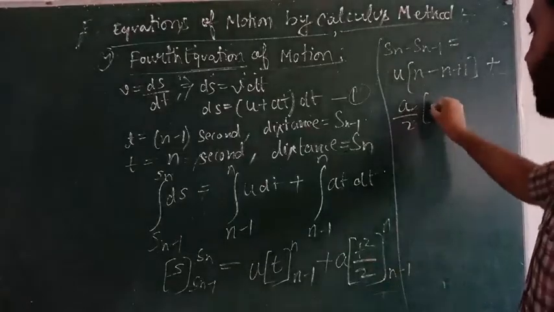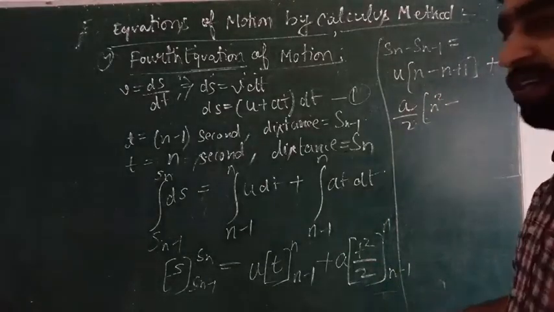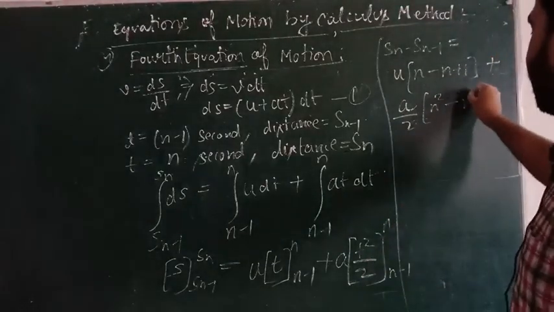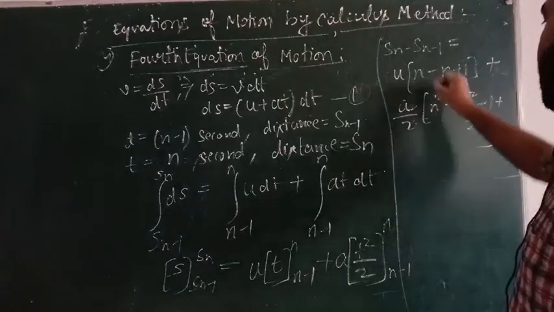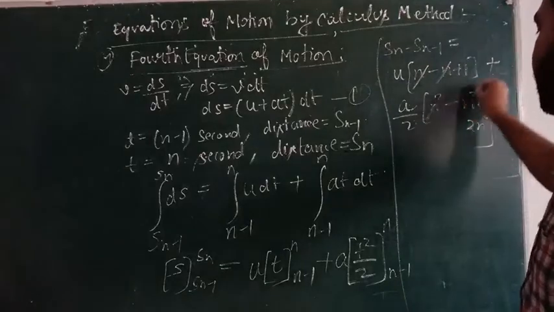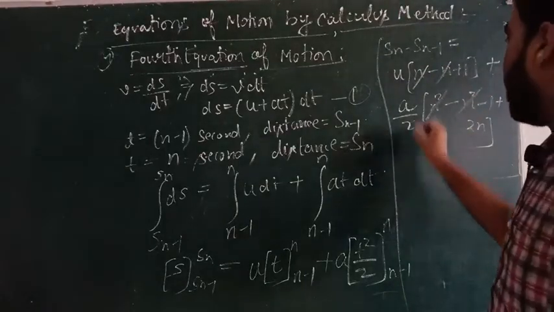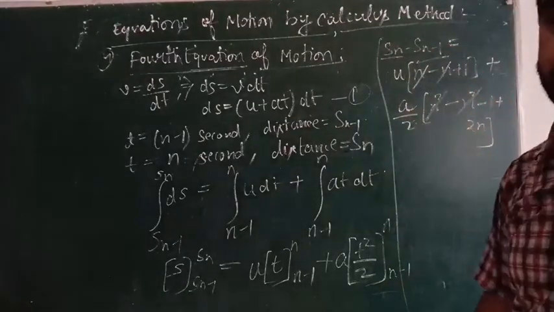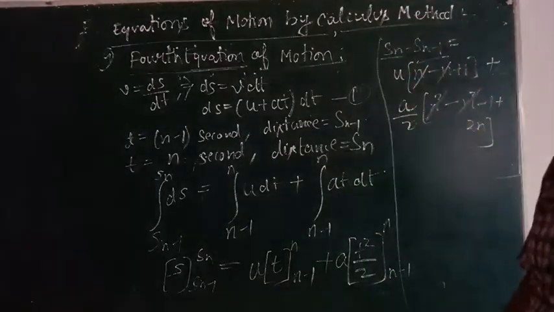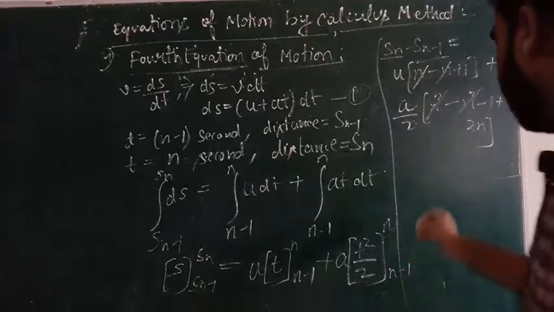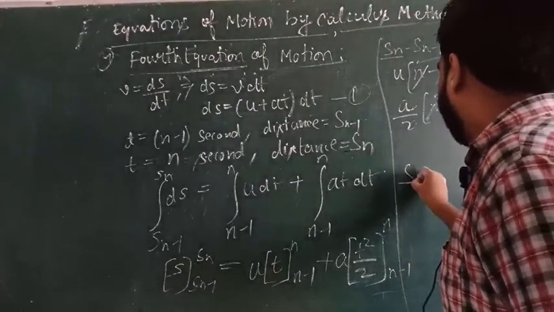So t square means n square minus (n minus 1) whole square. So this will be n square minus n square plus 2n minus 1. Now n square and n square get cancelled out. So Sn minus S(n minus 1) will be the distance traveled in the nth second, as I already explained. So this will be S nth.